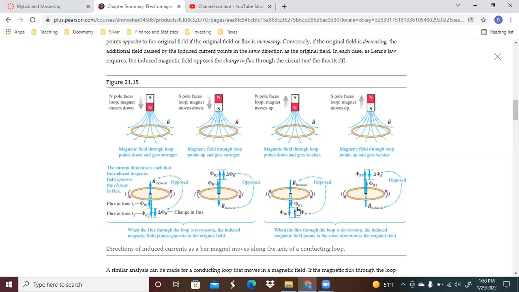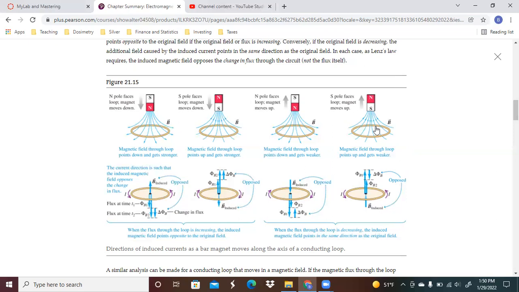We are wanting a change in the magnetic field pointed in this direction to cancel that out. In order to be able to do that, we have to have a current flowing in this direction. We want the magnetic field pointed in this direction. We have to then take our thumb, point it down, see which way the fingers curl. In this case, it has to curl in this direction.